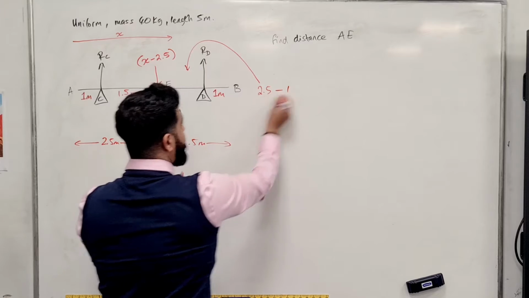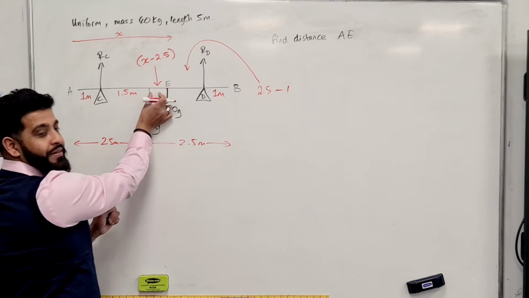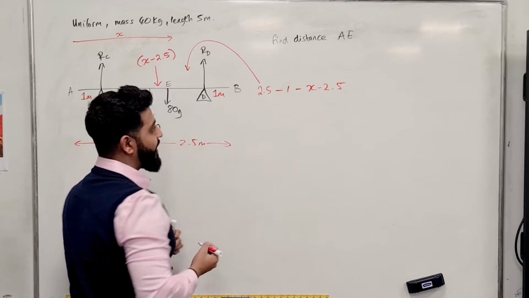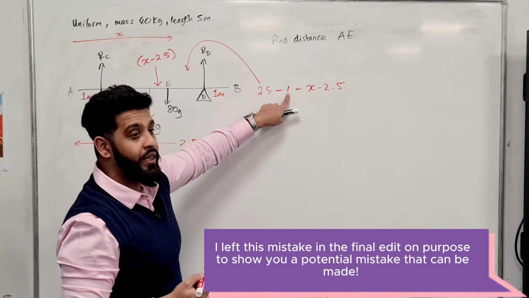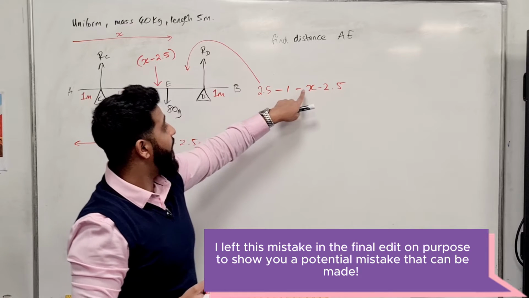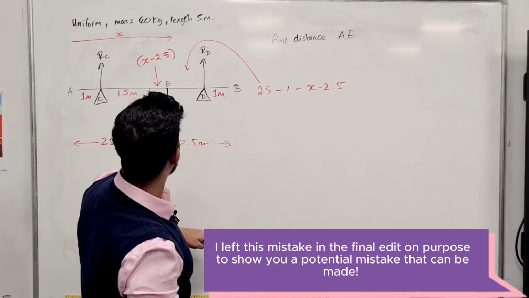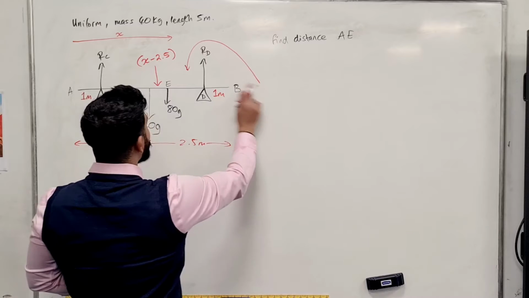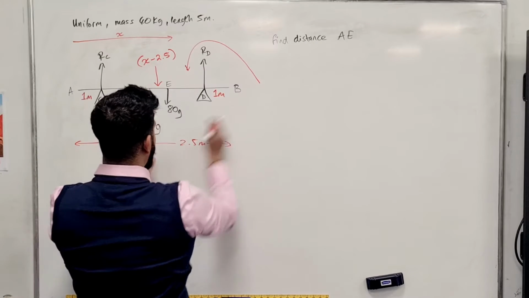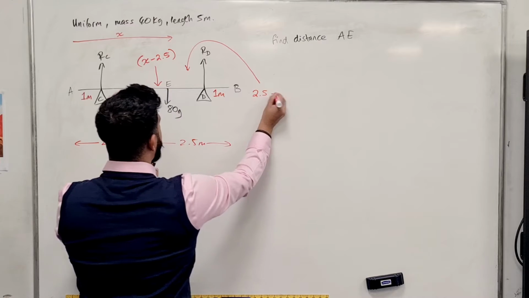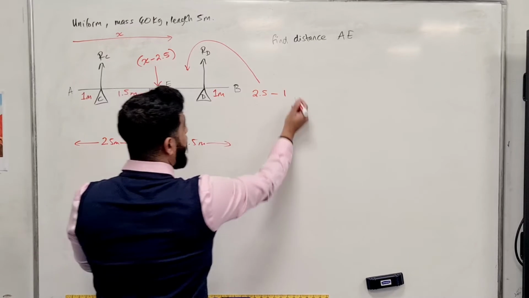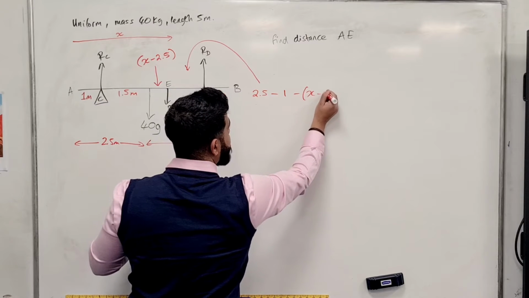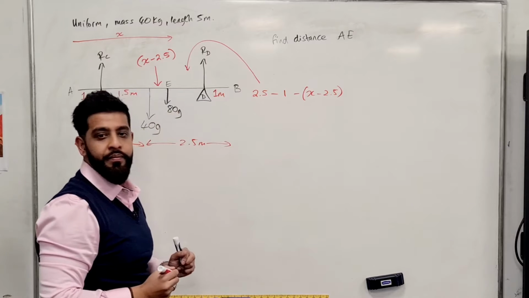We take away the 1, and we take away that part. Sorry, let's do that again. I forgot my bracket. So to work out what this length is, it's going to be 2.5 minus the 1, take away that part, and that part is X minus 2.5. So let's work this out.